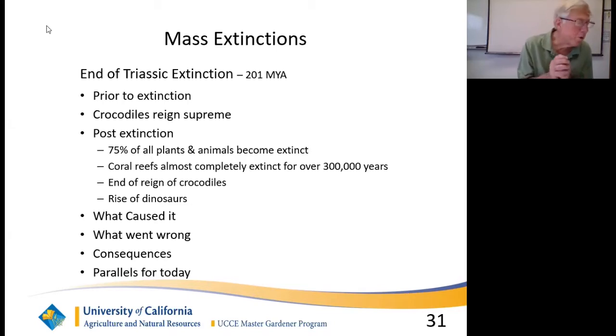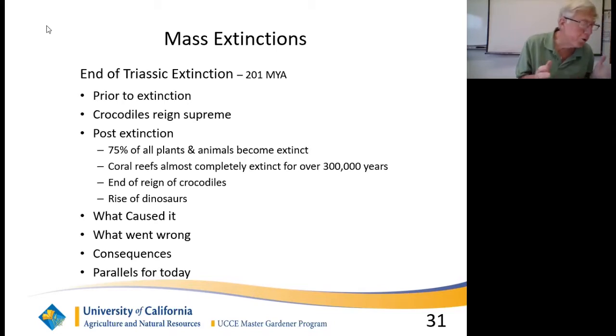Carbon dioxide likewise decreased from about 8,000 to whatever, 30,000 parts per million, whatever it was. It was down again to a more reasonable level of about 2,500 parts per million. Oxygen levels began to slowly rise again from that low of 10% that it had reached to a more oxygenated level of about 18% during the Jurassic period, which is the period that follows the Triassic.